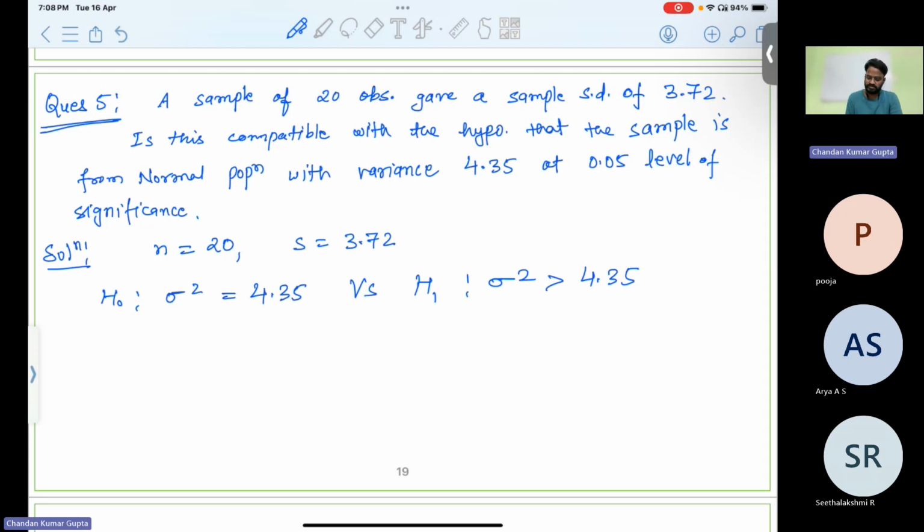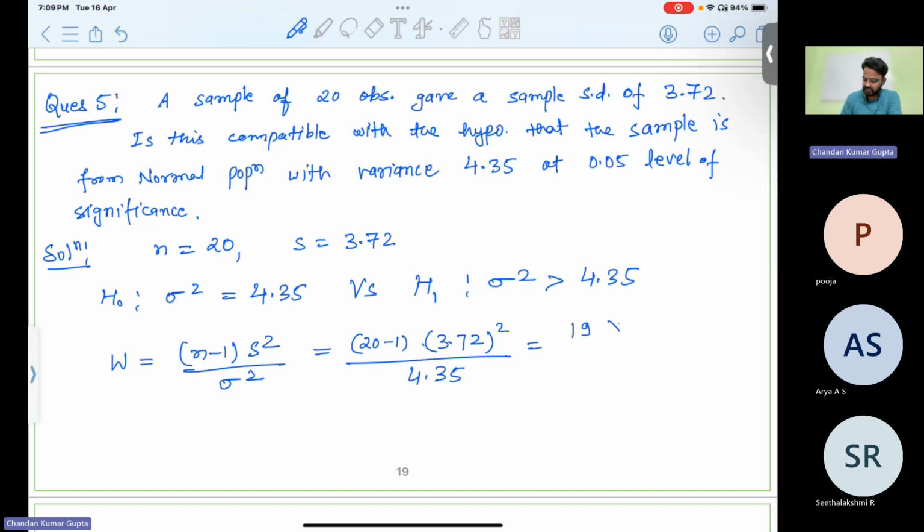Now the next step is the test statistic. We define the test statistic like this: W equals n minus 1 S square upon sigma square, when the mean mu is unknown. So this is n minus 1, which is 20 minus 1, S square, which is 3.72 whole square, and sigma square, which is 4.35.